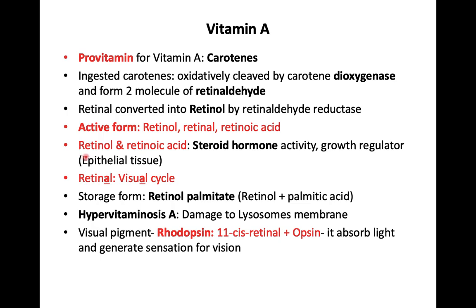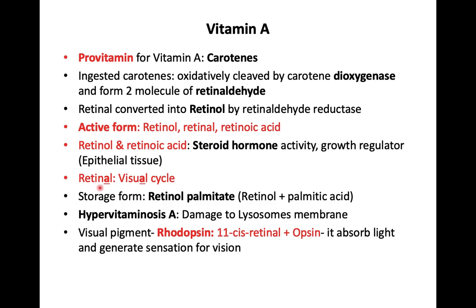Out of these, retinol and retinoic acid have steroid hormone like activity. They will have a receptor at the target organs, they will bind with them and perform their action accordingly. They are mainly concerned with the growth and differentiation process of various tissues, which we will discuss later on.